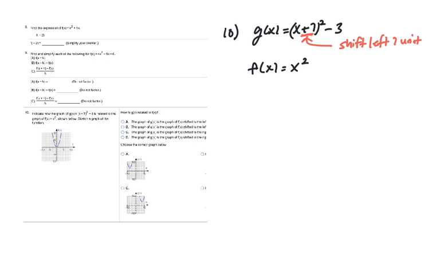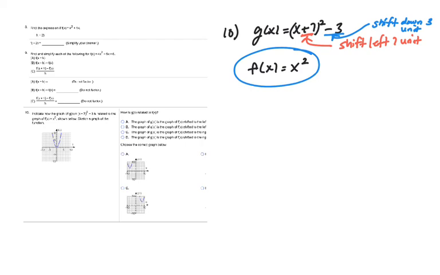Okay, and then the minus 3 represents the vertical shift, and if it's a minus 3, it'll shift down. So we have shift down 3 units.